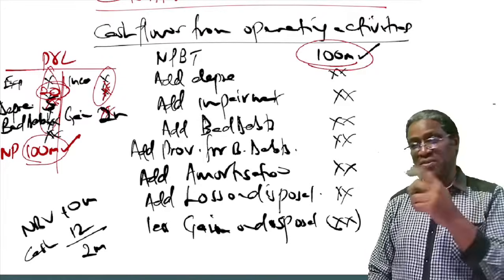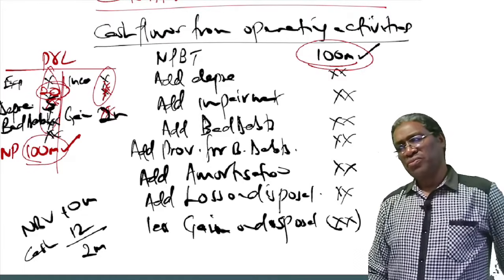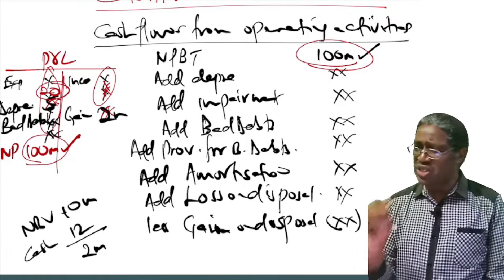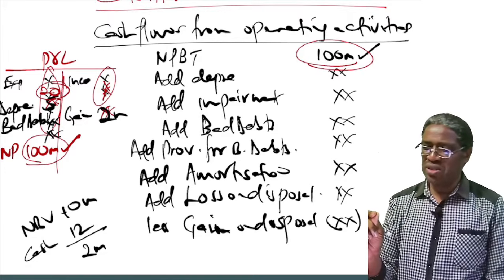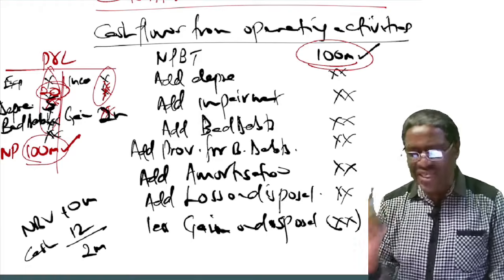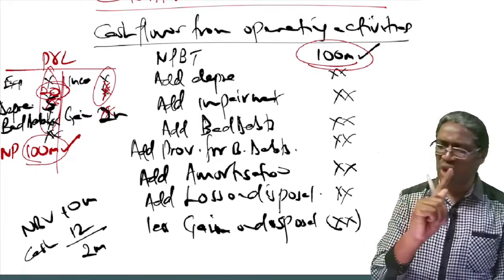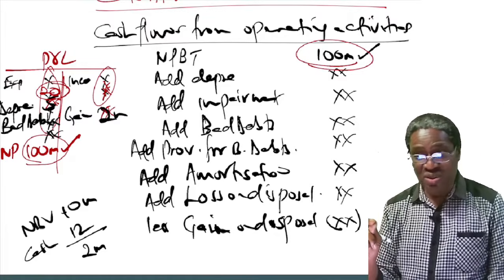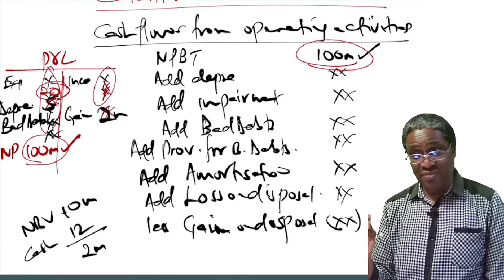Listen. There is one more non-cash item which you have not given me, but you will always get it in the question. In any question you have ever done or you will ever do, you will always find this other non-cash item.